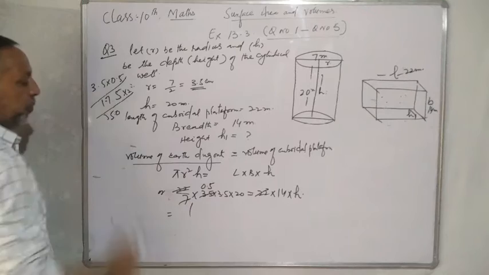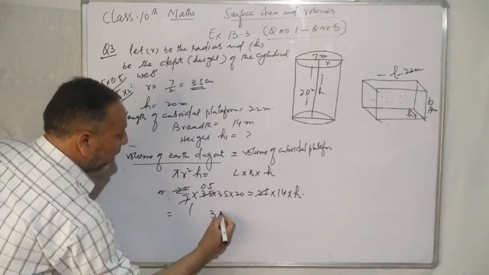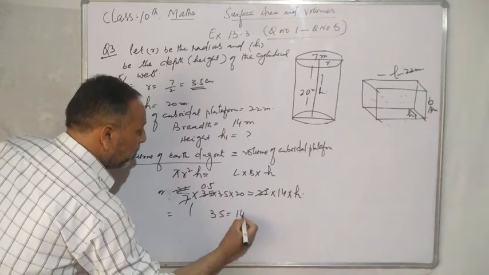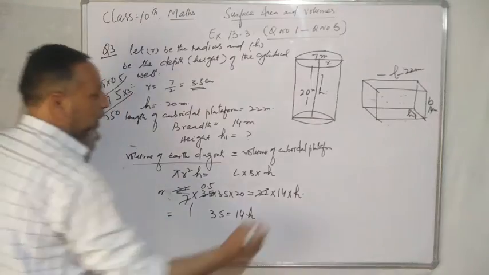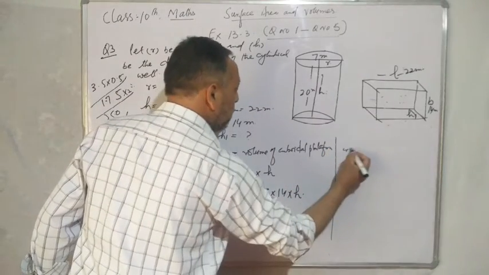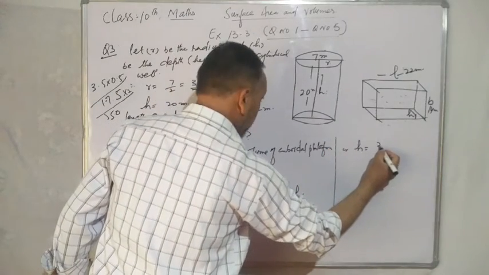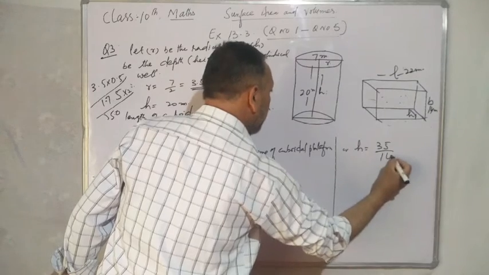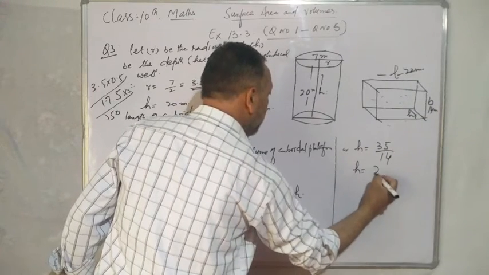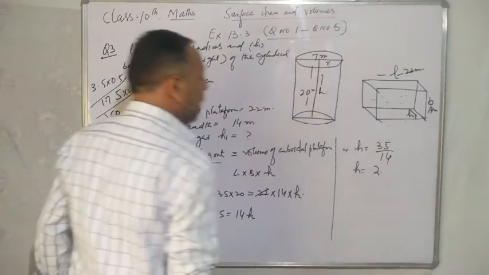It is 35. So it will be 35 is equal to 14H, or H is equal to 35 divided by 14.